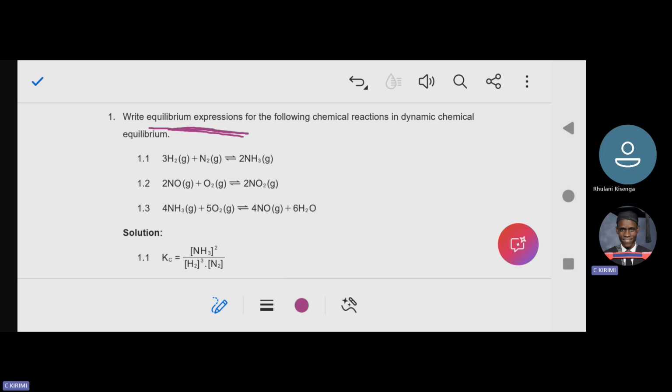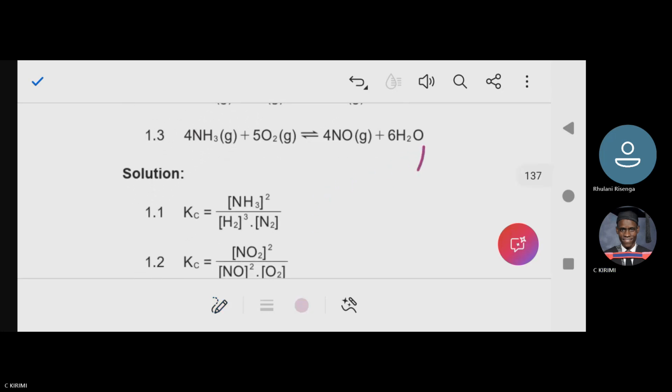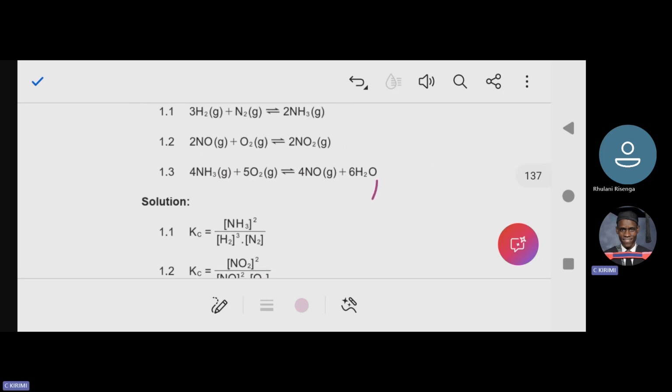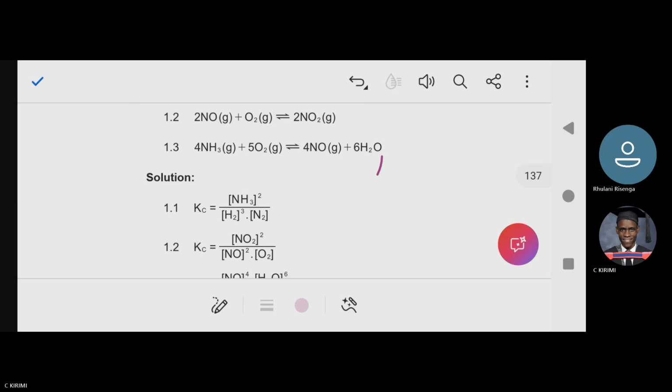NH3, you square, which is the products, concentration of products over the concentration of reactants, hydrogen to the power 3, nitrogen to the power 1, which means no exponent. That is the setup. Then for the second one, where we are dealing with number 1.2, 2 nitrogen monoxide plus oxygen to give you nitrogen dioxide.